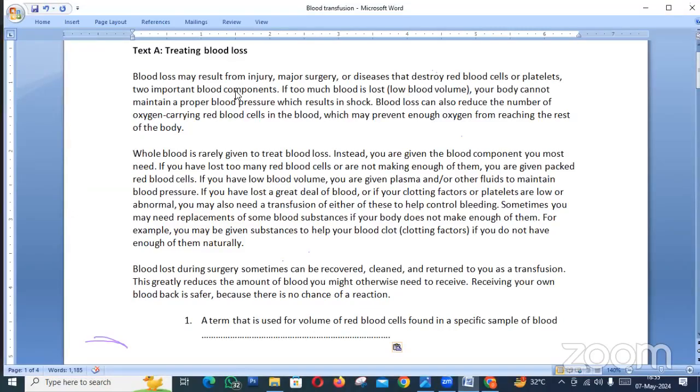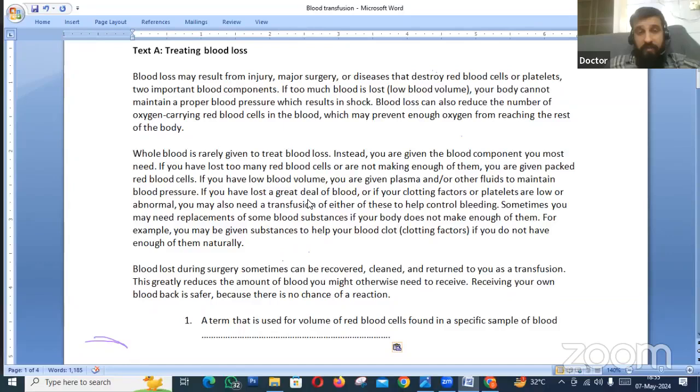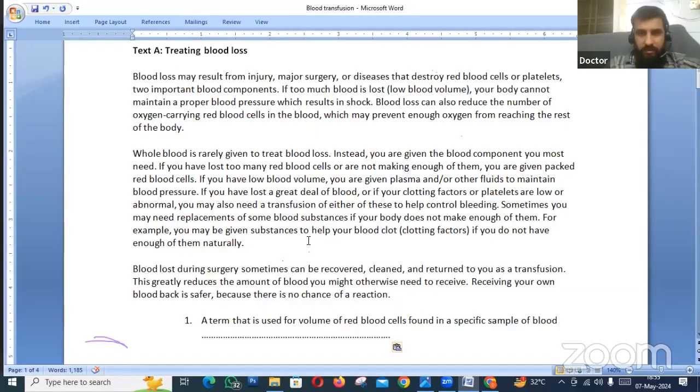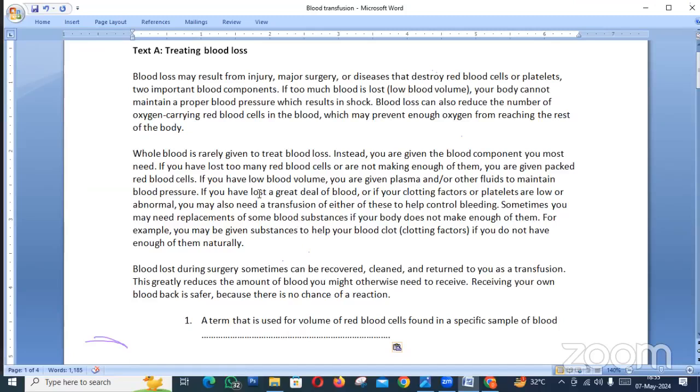Sir, it is mentioned here, no? In which paragraph? There are 3 paragraphs. Second paragraph, which line? If you have lost too many red blood cells or are not making enough of them, you are given... Just give me the line, please. Sir, second line.